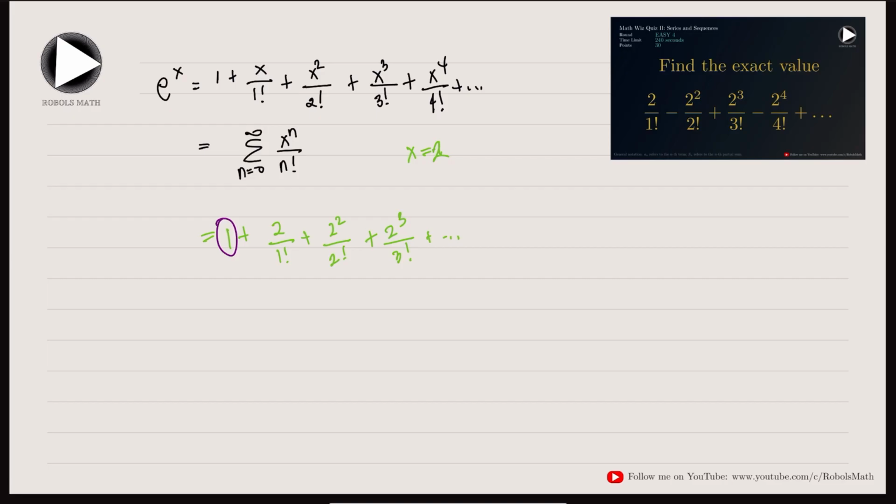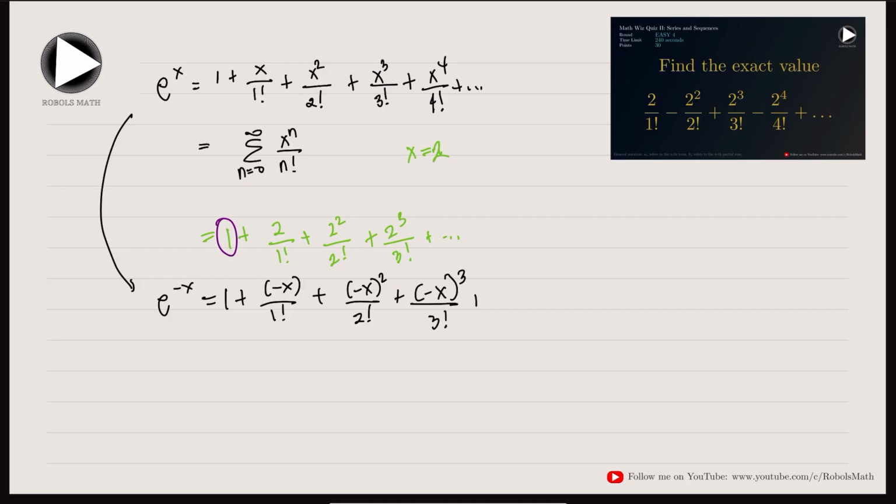There's a quick way to account for the alternating sign, and that is to negate x, or replace x with negative x. If we go back to the original equation, we get e to the negative x equals 1 plus negative x over 1 factorial plus negative x squared over 2 factorial plus negative x cubed over 3 factorial and so on.